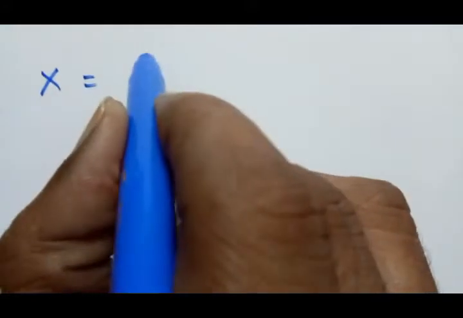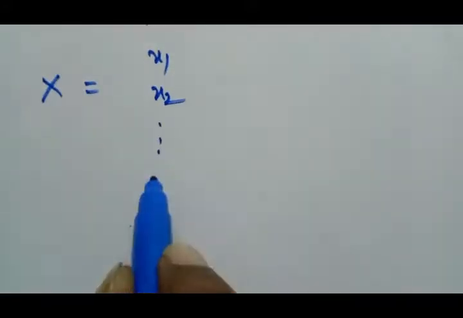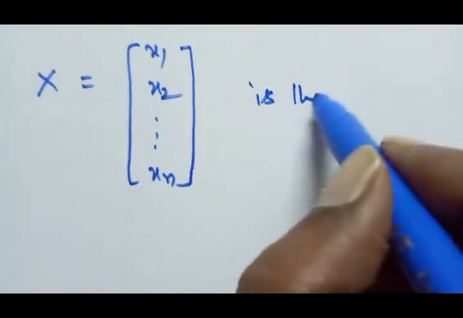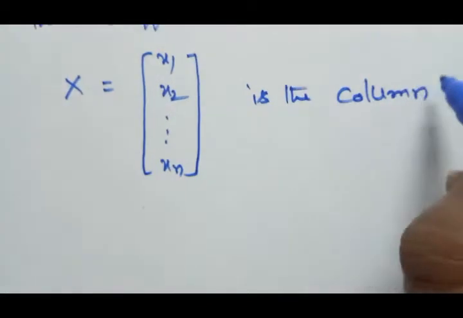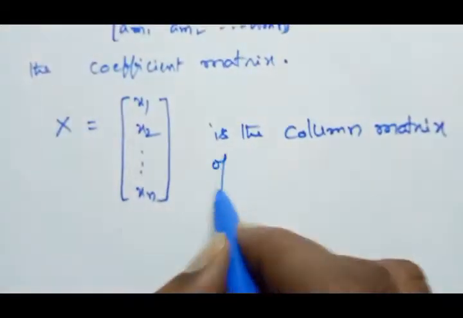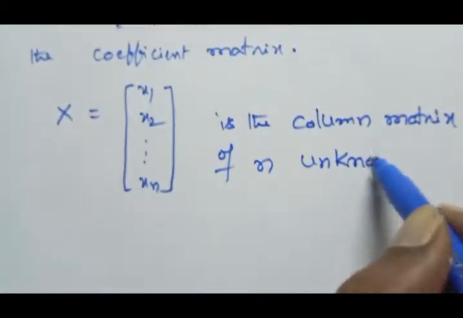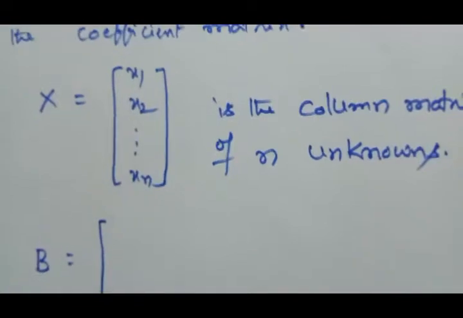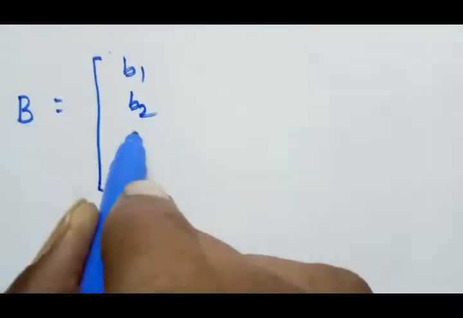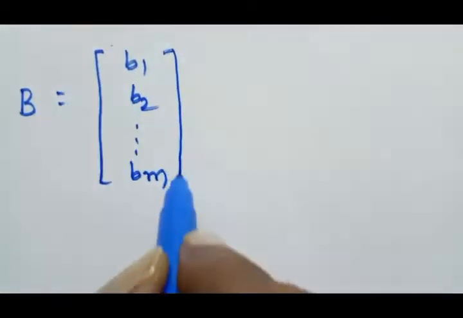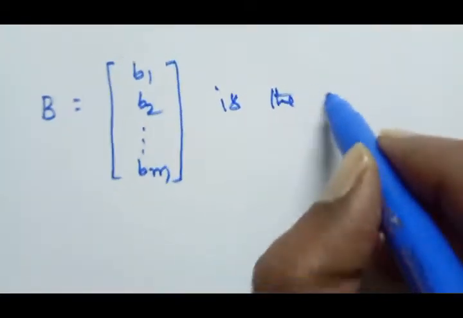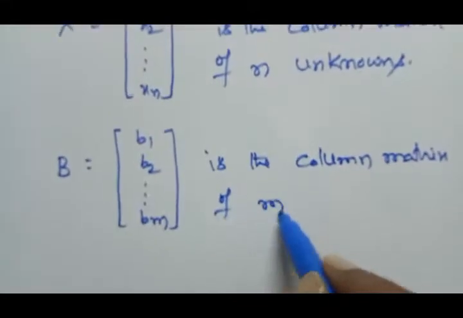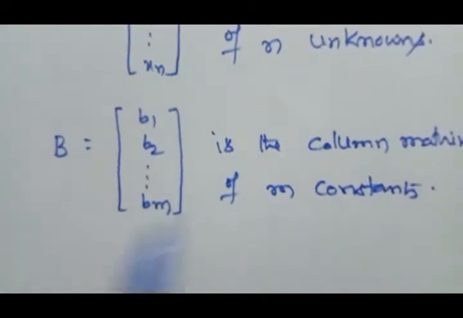X is equal to x1, x2 and so on, xn is the column matrix of n unknowns, and capital B is equal to B1, B2 and so on, Bm is the column matrix of m constants.